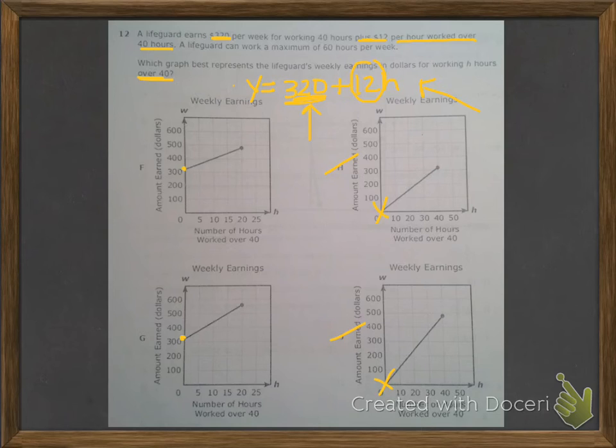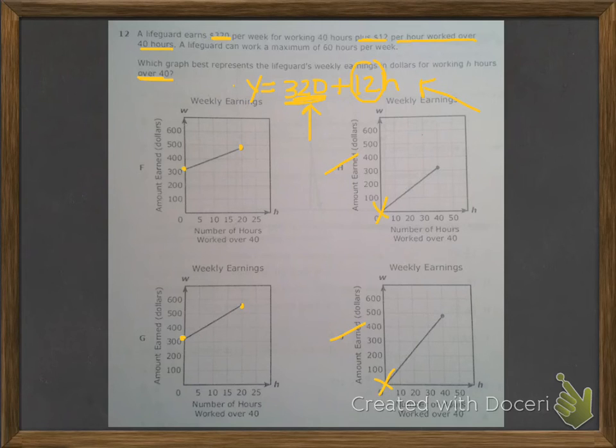So another big difference between F and G, the slopes look a little bit different, but the graphs also stop. They both stop at 20 hours, but they stop at different dollar amounts. So I'm going to have to figure out, well, what does that mean? So what I really need to figure out is how much money is earned at 20 hours over 40 hours.